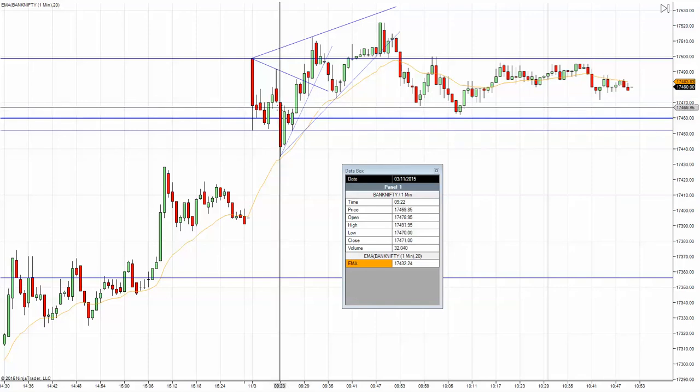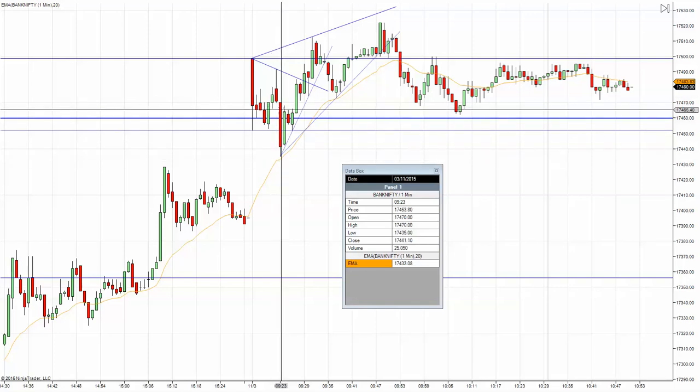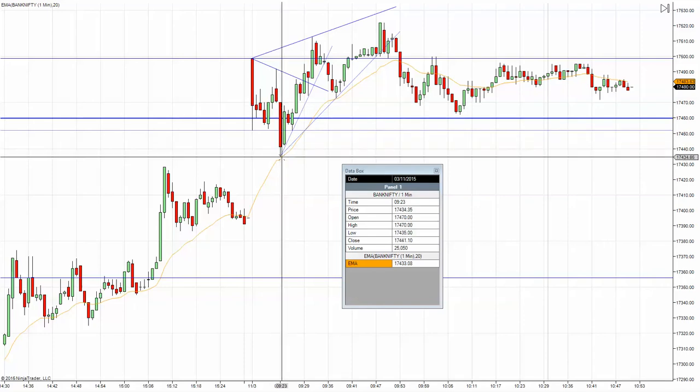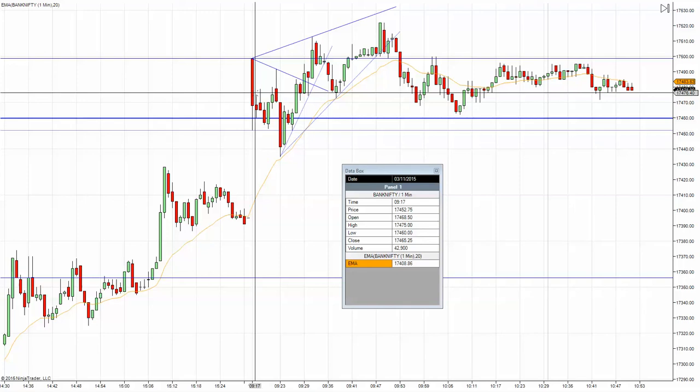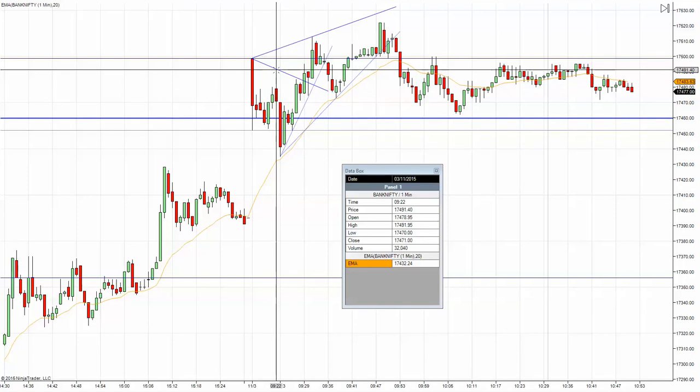Okay, so this worked. Somebody took the shot. That's great. This was a support here at EMA. Possibly after this breakout, you can see that this went one more time and it came back.